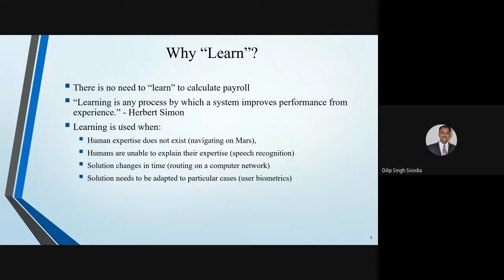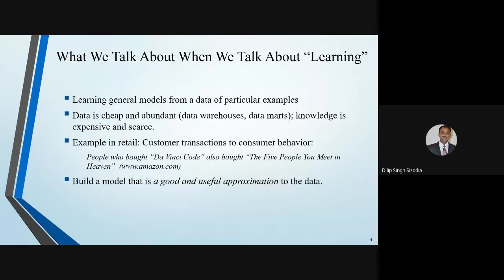Humans are also unable to explain their expertise, like speech recognition, why we are able to do so. Or the solution changes in time, meaning whatever solution we have found will change over a period of time, then learning is required, and the solution needs to be adapted to a particular environment. So these are the different instances where we can apply learning.